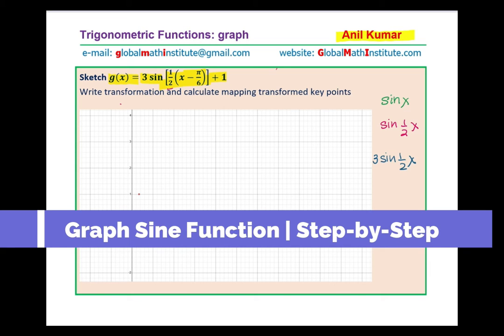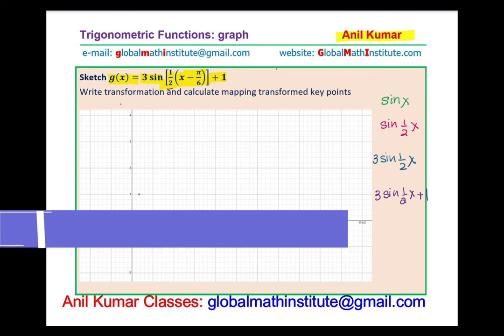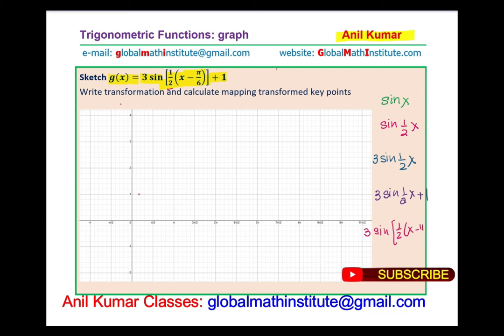We can have some dotted graphs, so I'll write this as 3 sine half x plus 1. And lastly, I will sketch the final graph in bold red, which is what we really need: 3 sine of half x minus pi by 6, shifting pi by 6 to the right, plus 1. Is that clear to you?